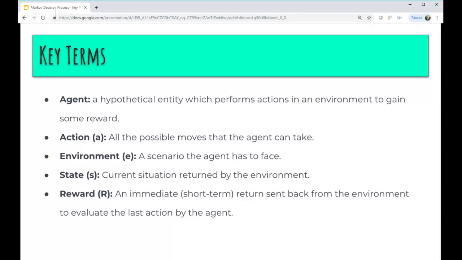In the process of achieving those rewards, and getting the best return possible over time, the agent's quest is to solve that environment and to efficiently achieve the goals that the designer of this setup placed in front of the agent. The state information is the current situation that's returned by the environment.